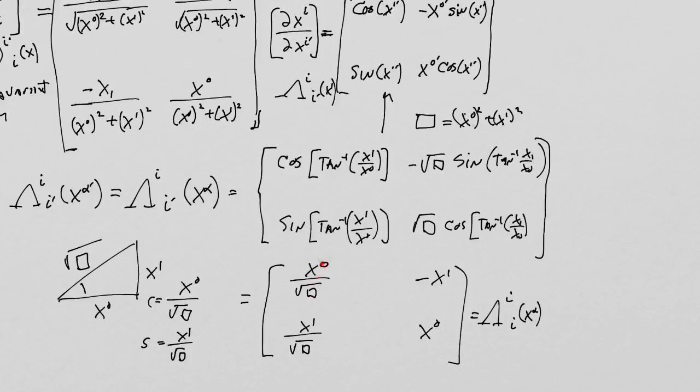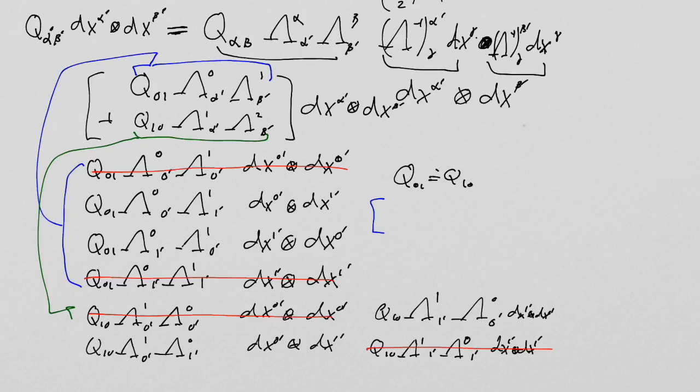It'll be x0 squared over the square root of the box, right? So what do we get? We get x0 squared over the square root of the box, and then this guy is this guy here, right? This guy here in this lower left corner, it's the 1, 0 prime, 0, 1 prime.